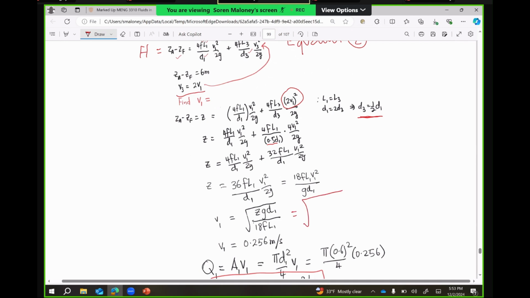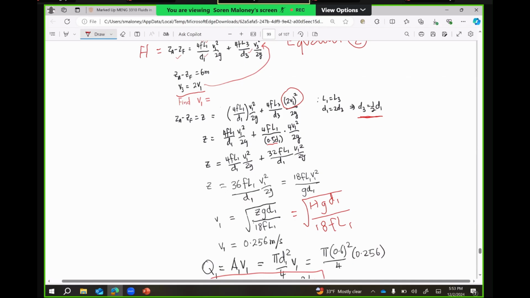Remember, I'm calling it Z, if you wanted to call it H, H G D1 on 18 F L1. So I can plug in all my values. I know what H is. It was 6 meters. We know G. We know what D1 is. The problem told you what D1 is.